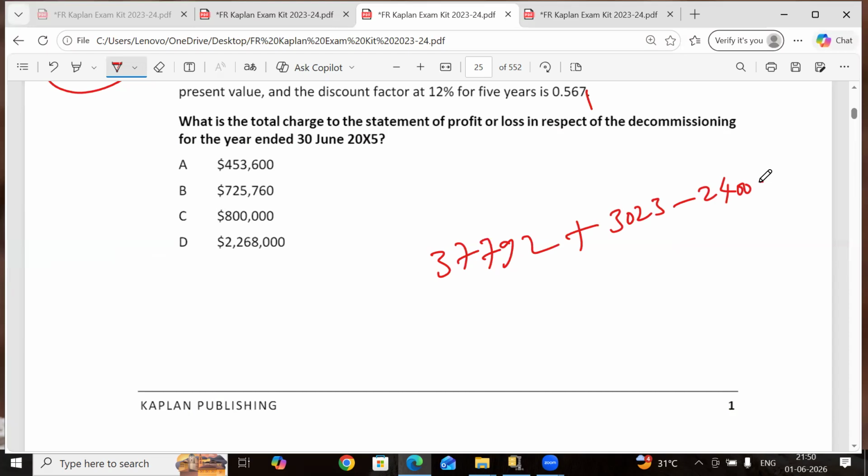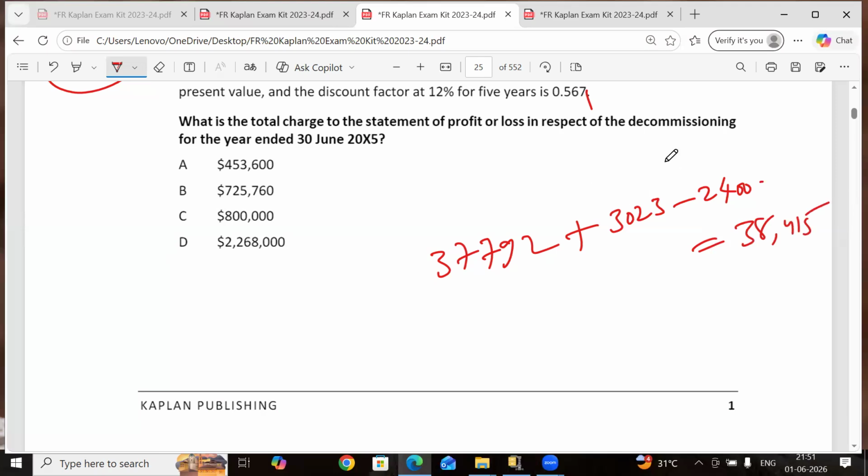Just calculate. 37,792 plus 3,023 minus 2,400 is 38,415.